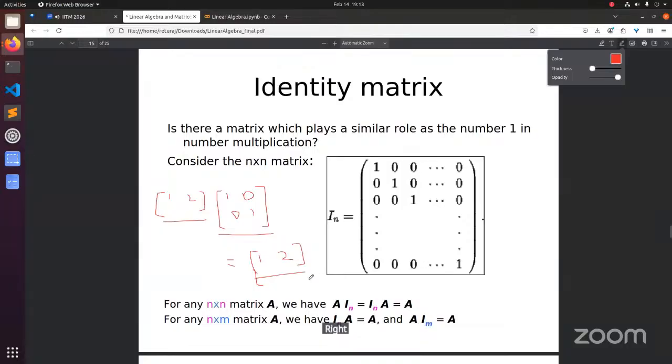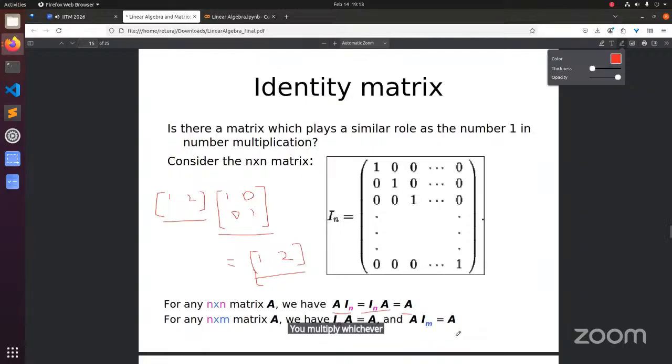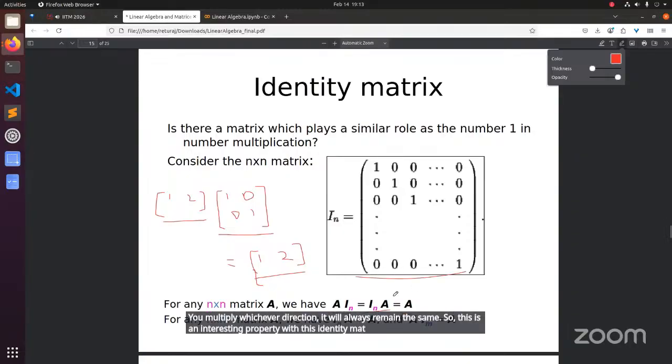So in general, when you multiply any matrix n cross n with an identity matrix I, whichever direction, it will always remain the same. This is an interesting property of the identity matrix. I will leave this as homework. You can play with different kinds of matrices and it always remains the same.